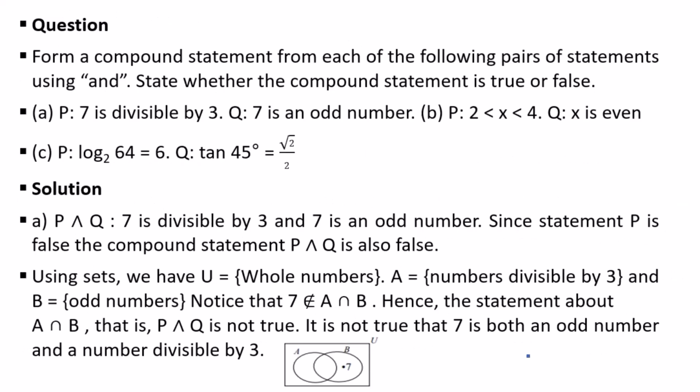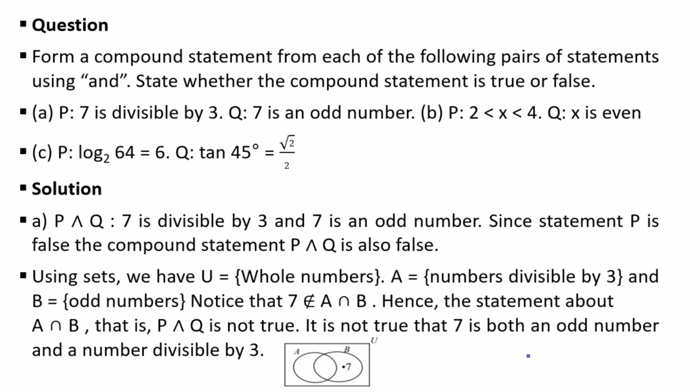Question. Form a compound statement from each of the following pairs of statements using AND. State whether the compound statement is true or false. The first one is: 7 is divisible by 3. 7 is an odd number. So how do you combine this one?